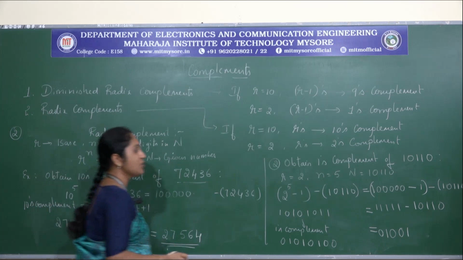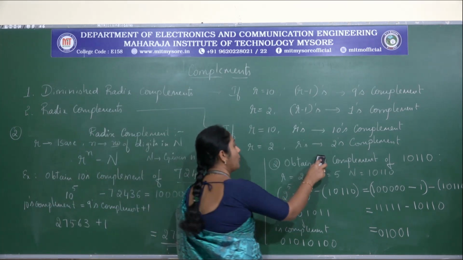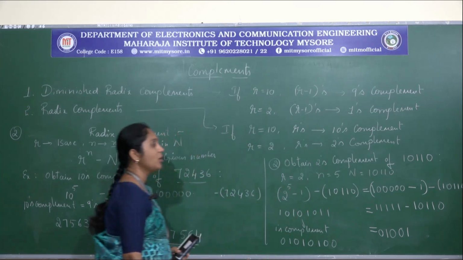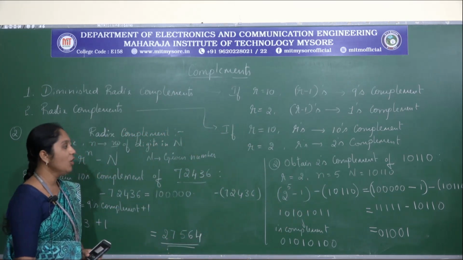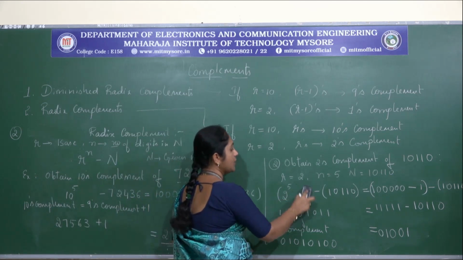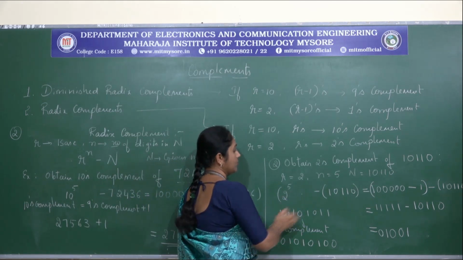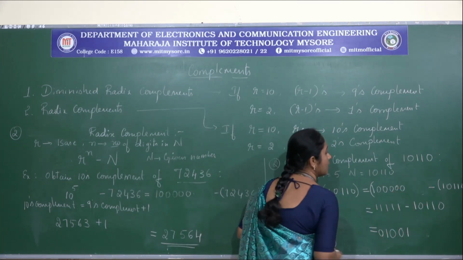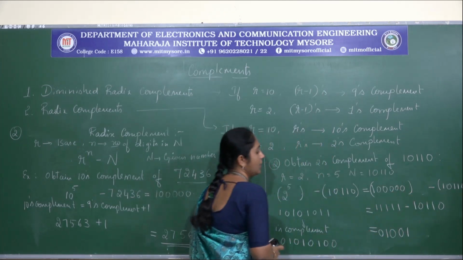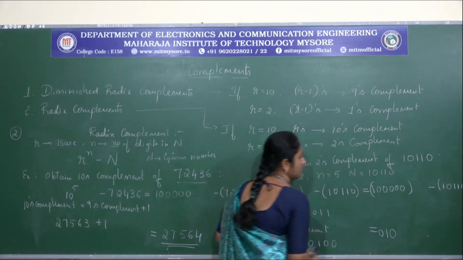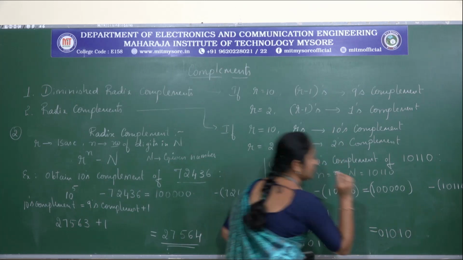Now let us see the binary case. Obtain the 2's complement. I am changing the question here: obtain the 2's complement of 1 0 1 1 0. In this case, again, this minus 1 is not there; we need not subtract 1.